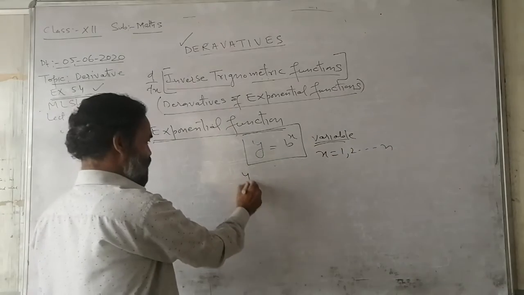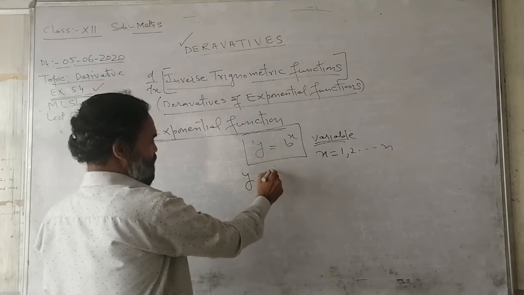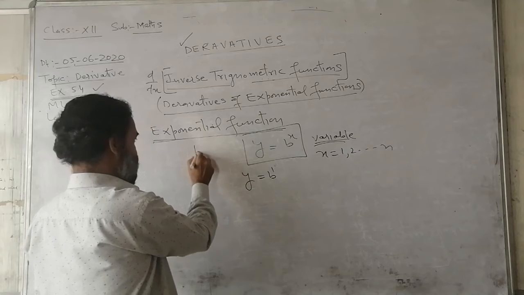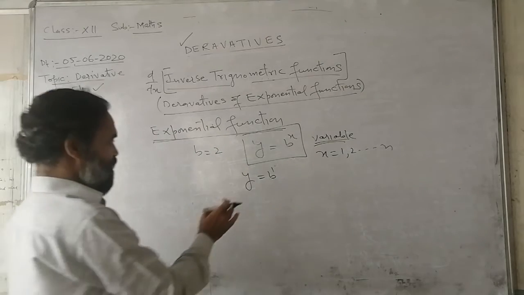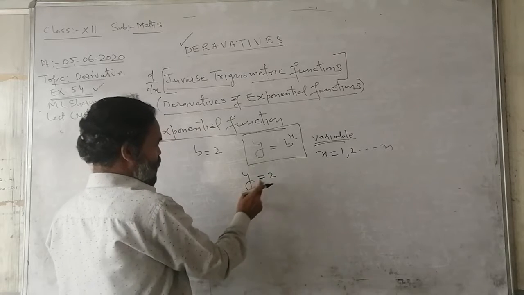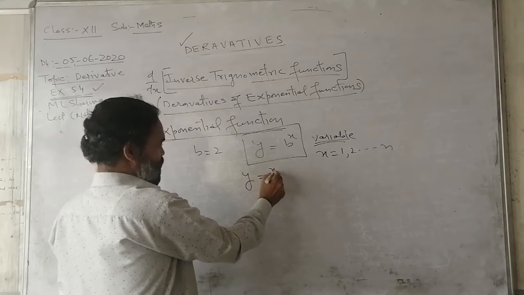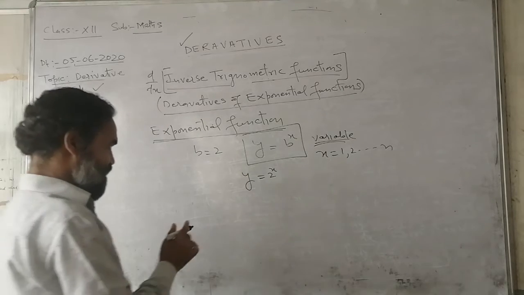If I put the value of x as 1, b can be any value, it can be 2, 4, 10, we can take any value of b. Suppose I take b as 2, so 2 raised to power x is an exponential function.